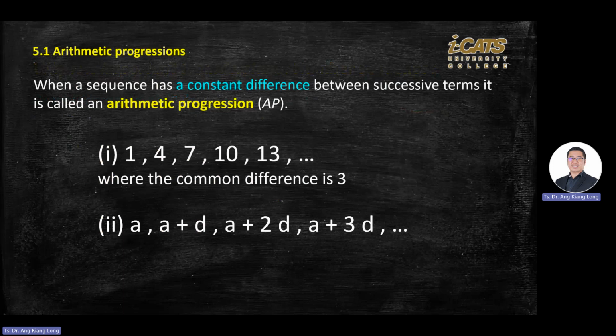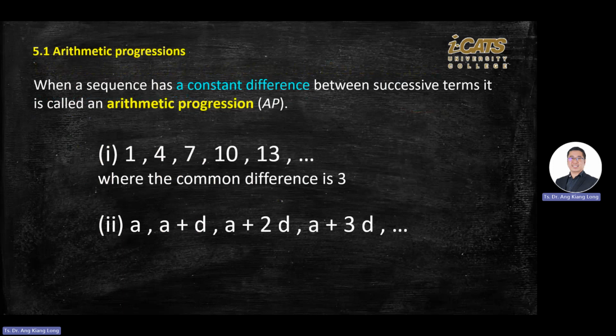So in formula form, if it's an AP sequence, you need to see the general format, which is a, a plus d, a plus 2d, a plus 3d, and so on.